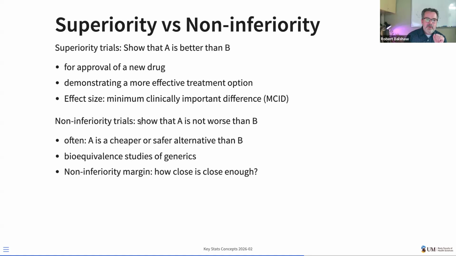In a non-inferiority trial, the role of the null and the alternative, and I've avoided getting into hypotheses very deeply, but that language of null and alternative hypotheses have almost flipped.